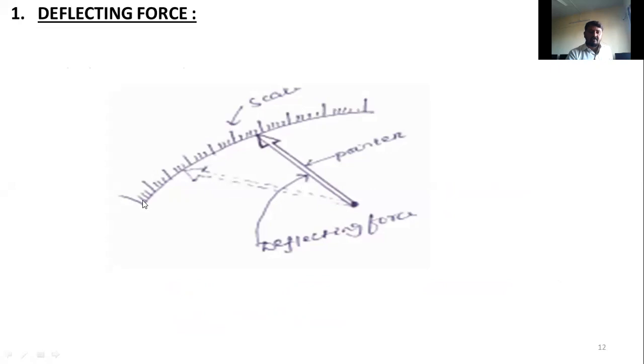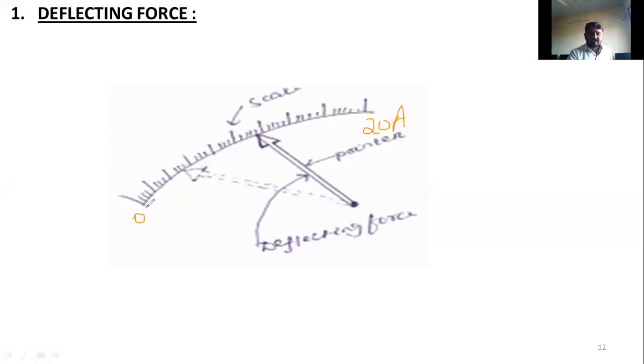Initially, without any supply, at the start the pointer will be at 0 value. I will consider this as 0 value, and this is around 20, I will write 20 ampere here. We are measuring current here.